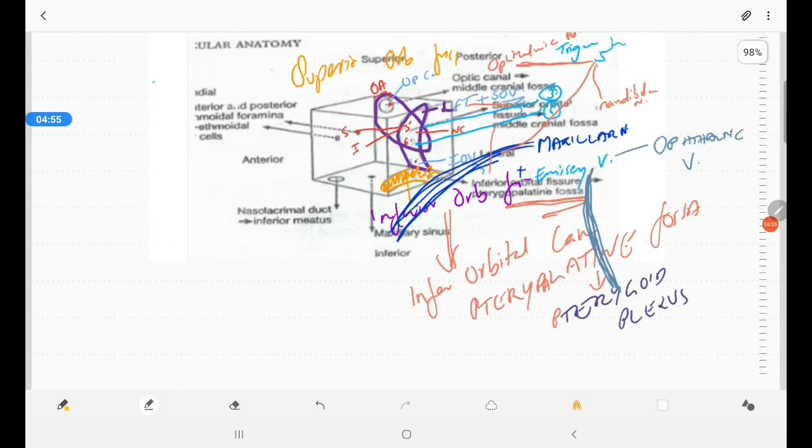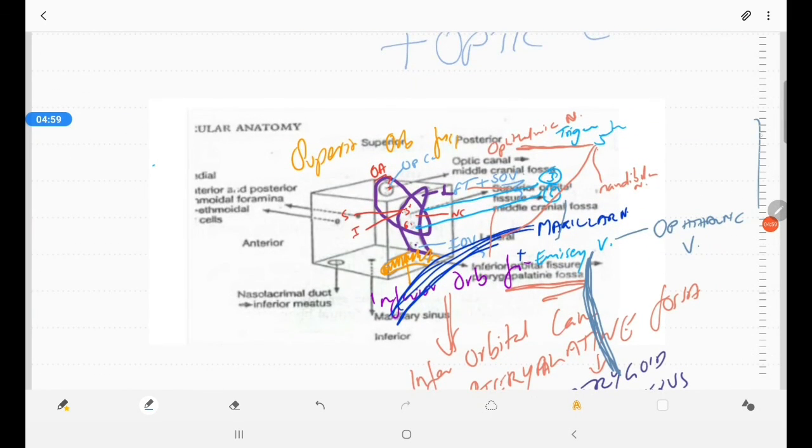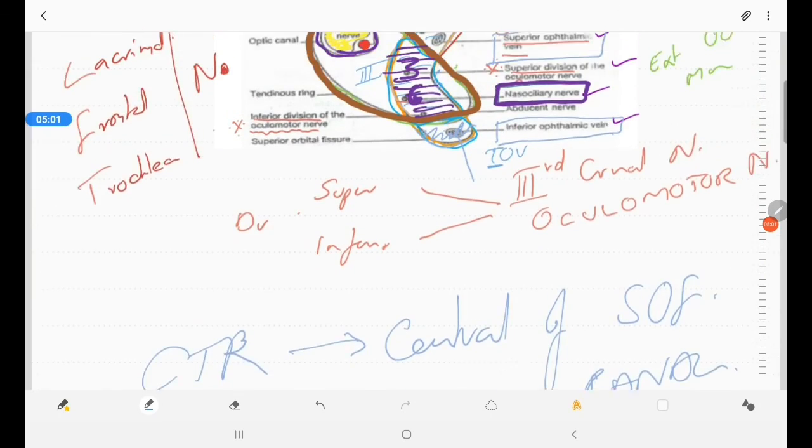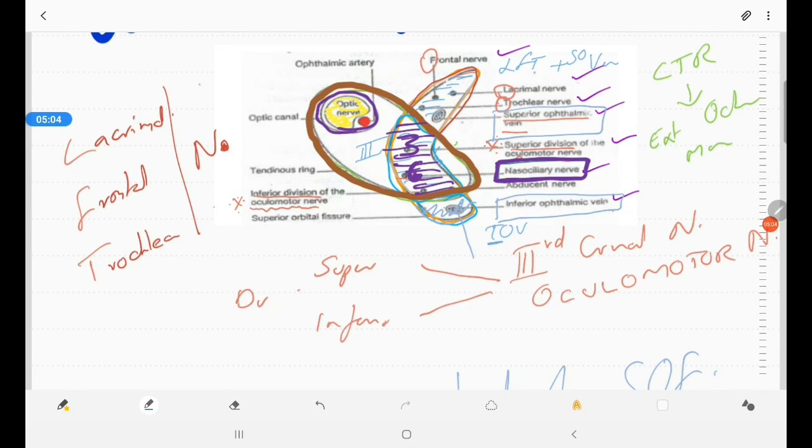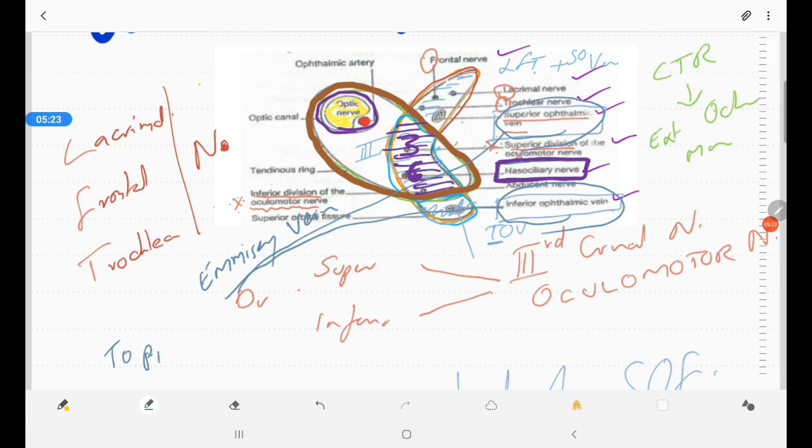So we have already discussed the ophthalmic veins here, that was the superior ophthalmic vein and the inferior ophthalmic vein. Now these veins are connected by an emissary vein to the pterygoid plexus.